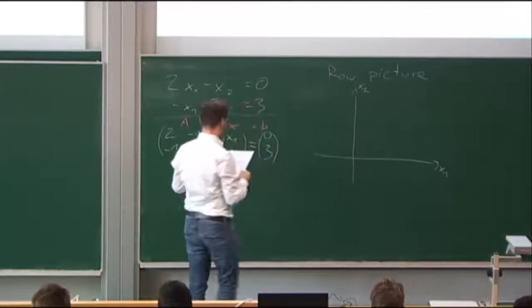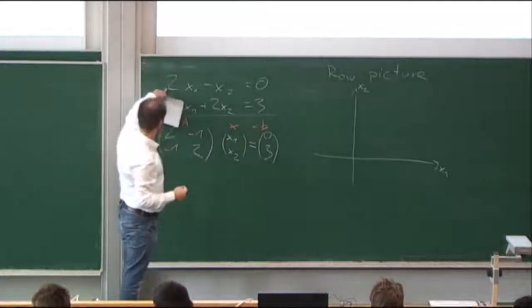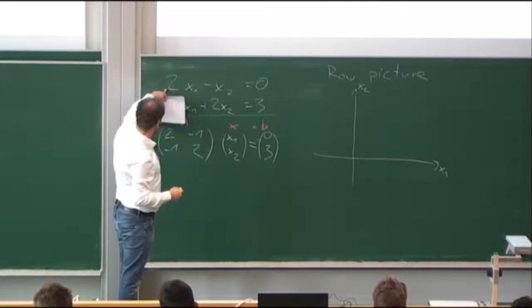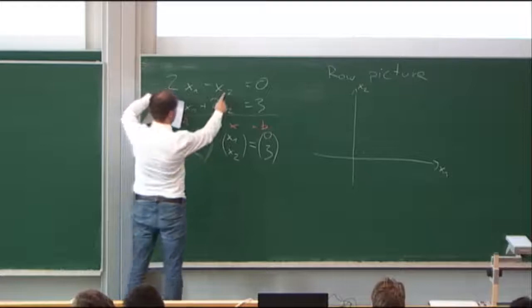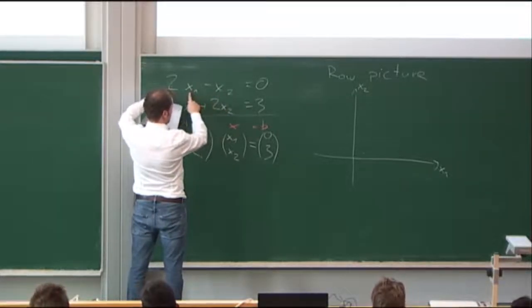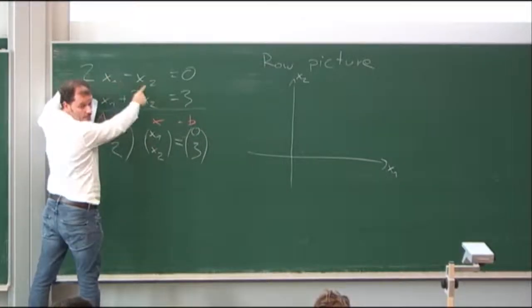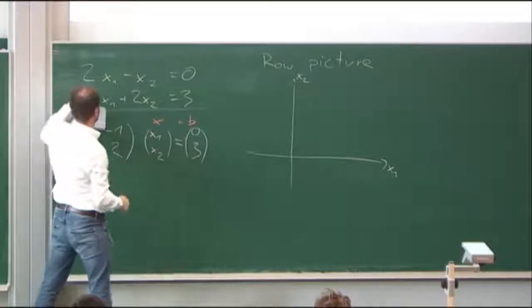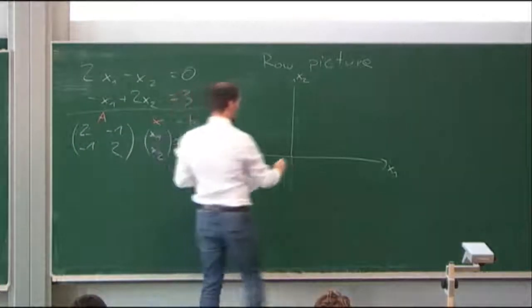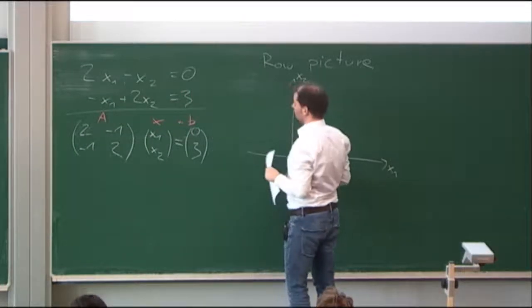Let's look at the first row, and let's see what happens if x2 is 0, then x1 should also be 0, right? If x2 is 0, in order for this equation to be fulfilled, x1 has also to be 0. So this will go through 0, 0.